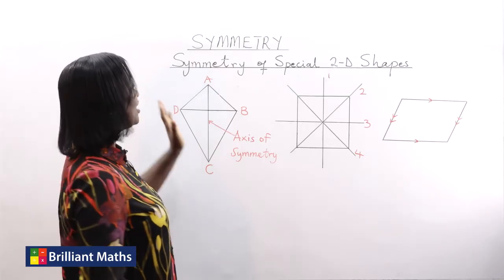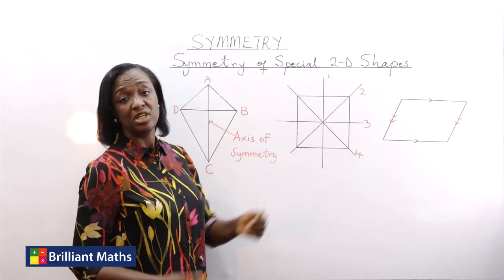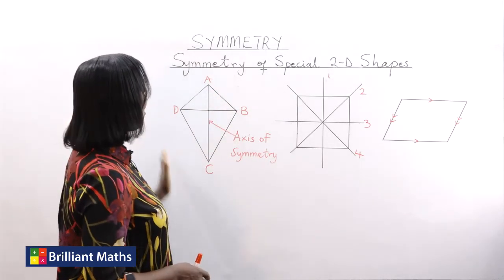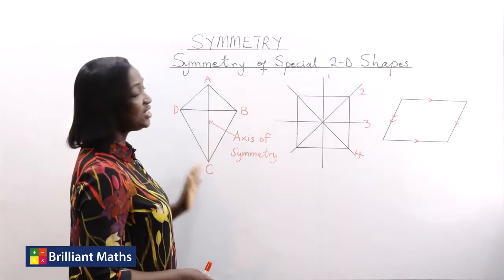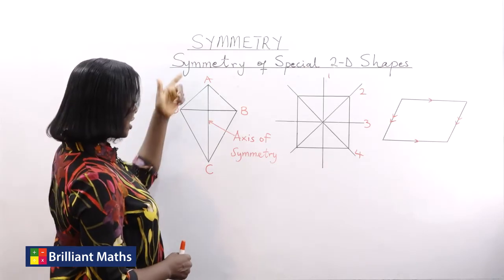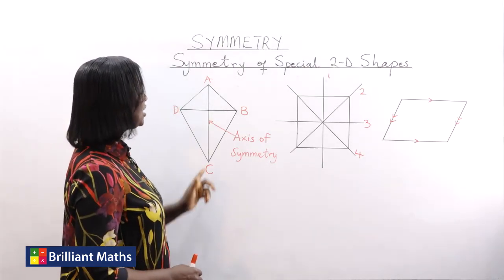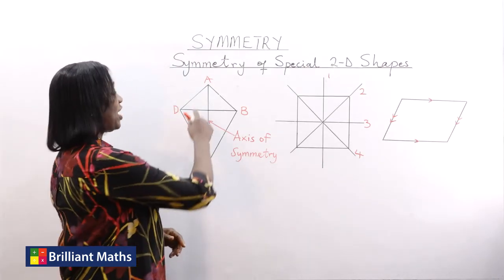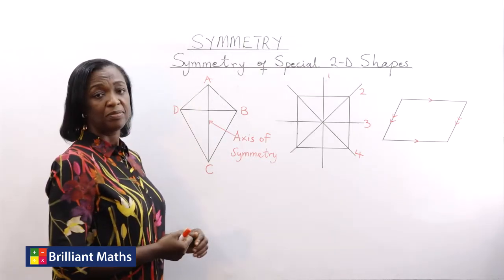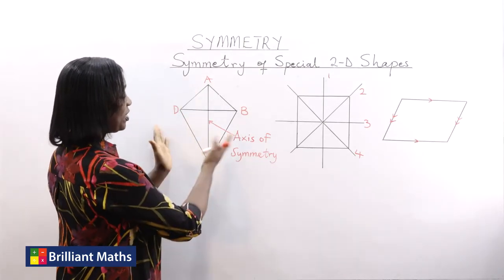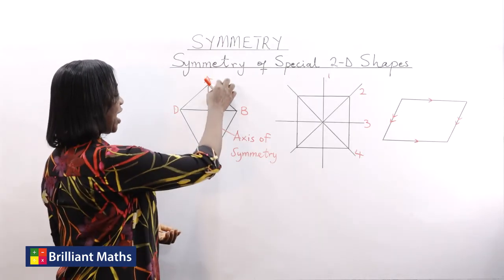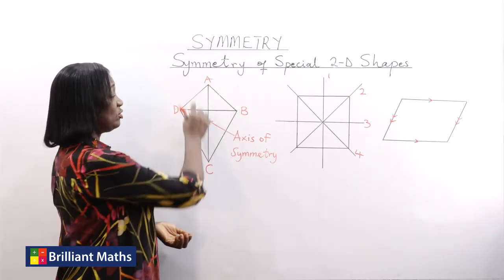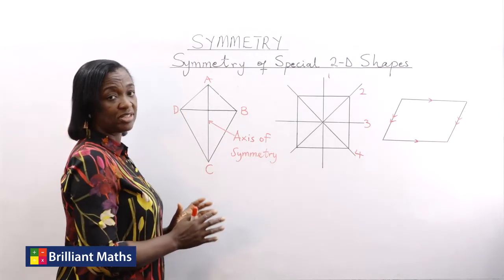We are still looking at the symmetry of special 2D shapes. So we have a kite. The kite is kite ABCD. The line AC is a perpendicular bisector of the angle at A and C. It splits the shape into two equal parts, meaning that triangle ABC and triangle ADC are congruent.